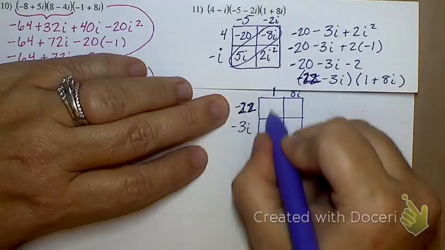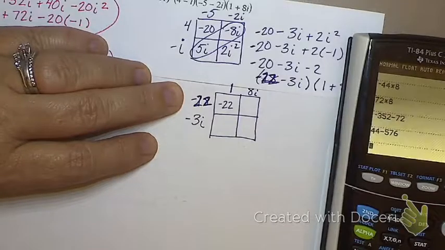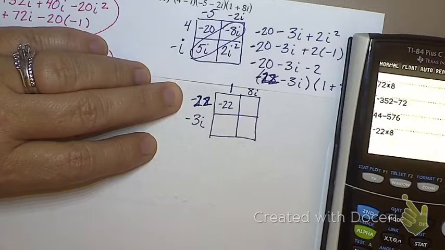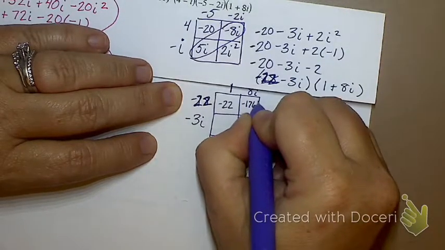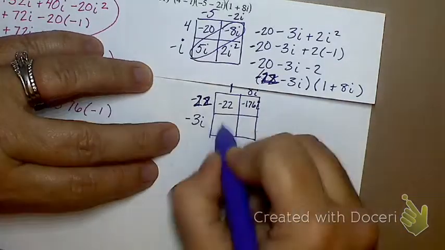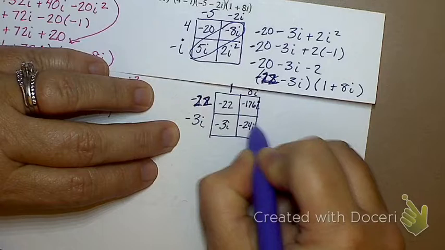Okay, so negative 22 times 1 is negative 22. Negative 22 times 8, negative 176i. Broke my box, it's too small. The numbers are too big. Negative 3i and negative 24i squared.